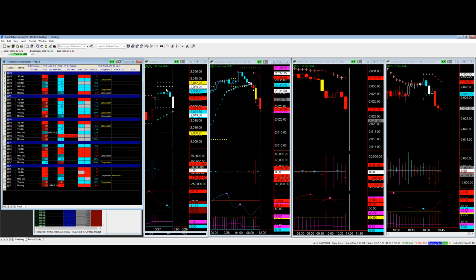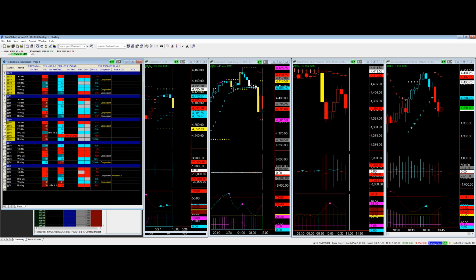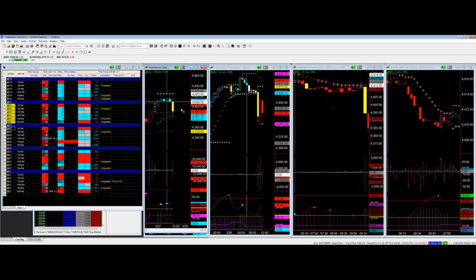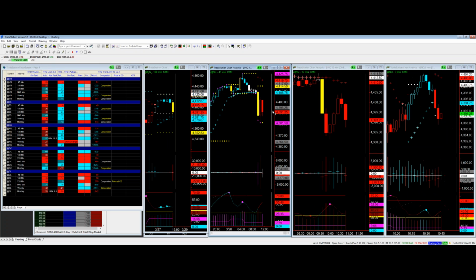Okay, you're at the congestion dot over here, bam. If you go over to the NASDAQ, there's your congestion dot entry right there. Slightly different on the 3 minute NASDAQ.